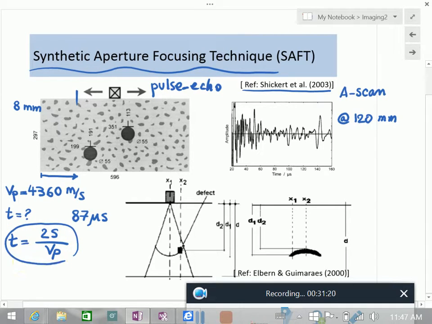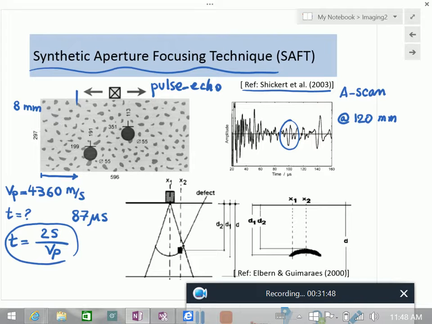Okay. Now, look at the A scan. This is kind of where you expect to see the reflection, correct? And what do you think is the large reflection we see?